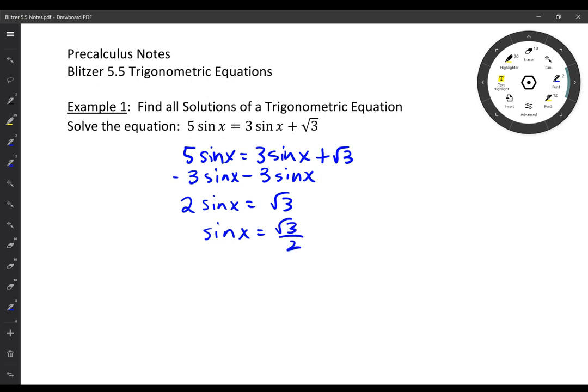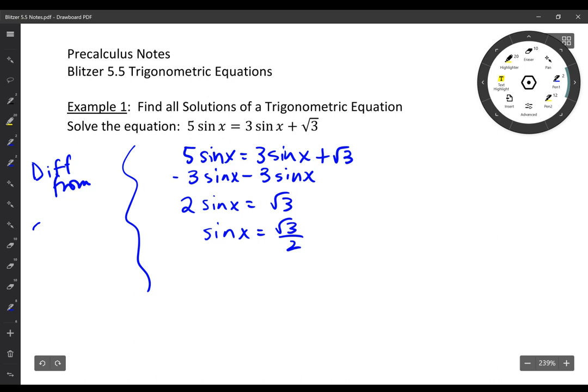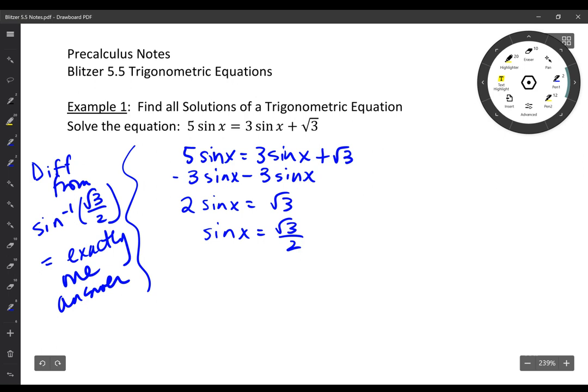So this is different than before. This is different from just having the sine inverse of square root of 3 over 2. So I know that when I do this, I get exactly one answer. And that's not what we're doing in this case. So it's not okay to have an input and have more than one answer.